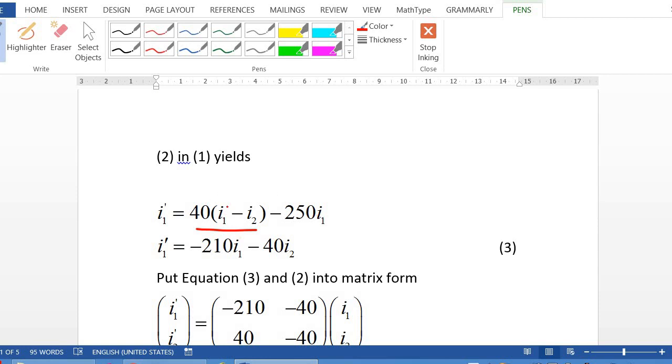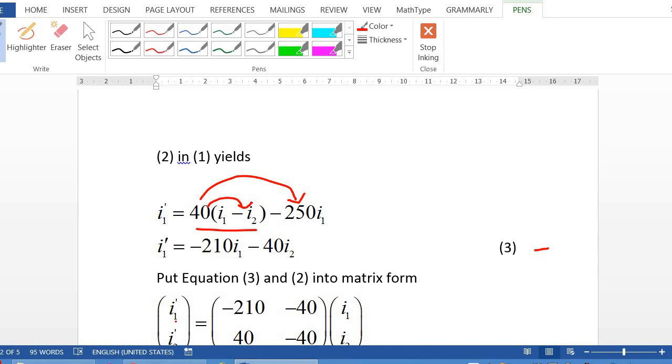So 40 I1 collect with negative 250 I1, so you have negative 210 I1, and minus 40 I2. So this will be equation 3, the first equation of the first order differential equation.